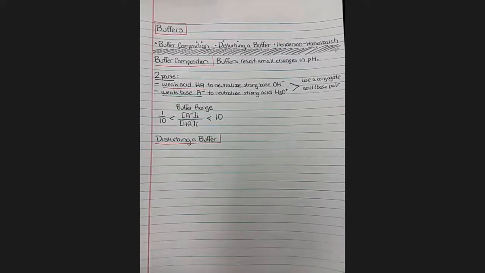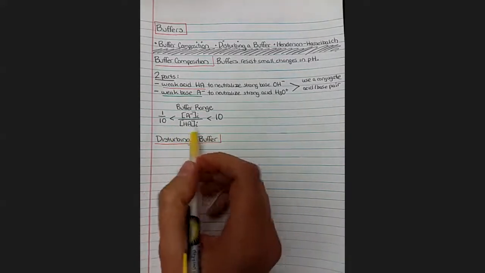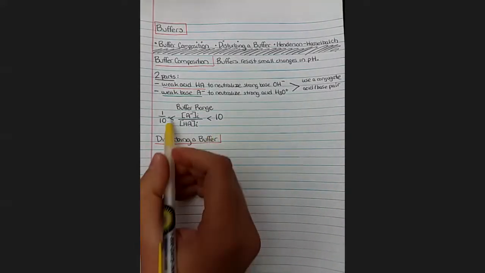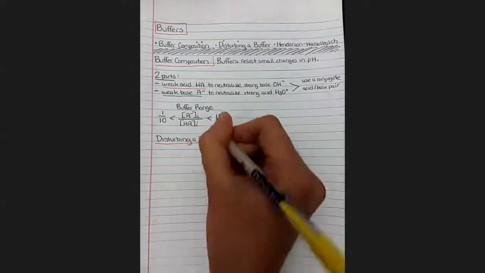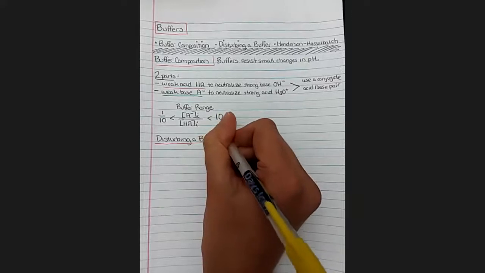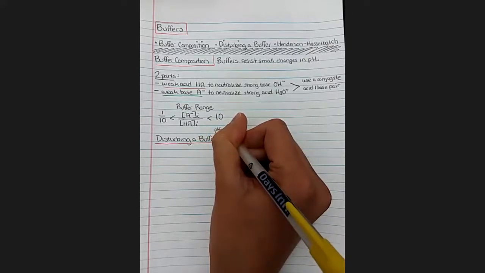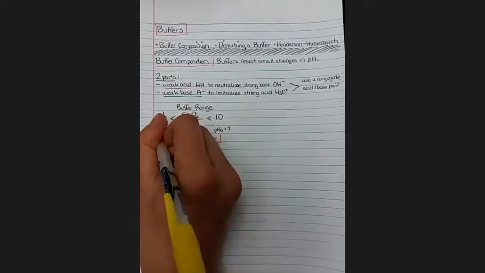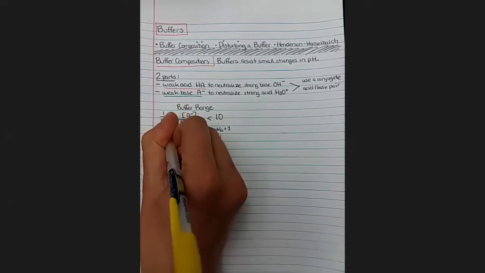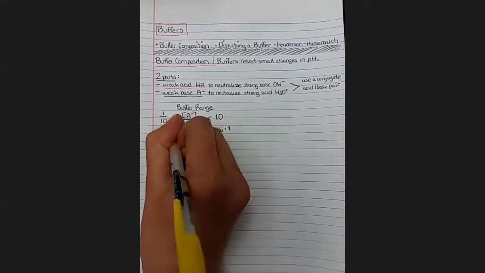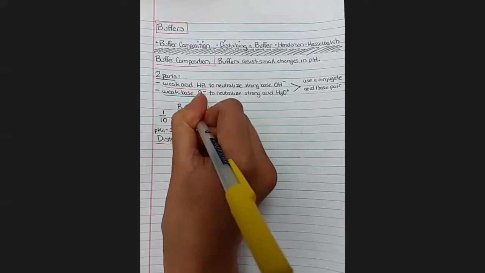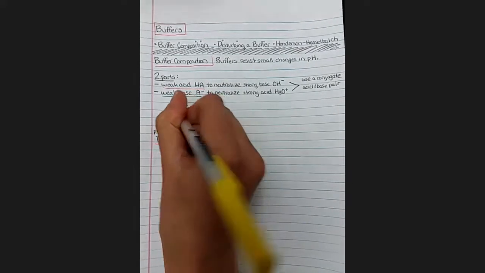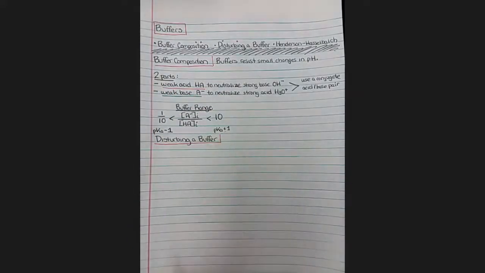If you remember that the pH scale is a logarithmic scale, log base 10, this is one pH unit and another pH unit. So we can buffer from the pKa plus 1 to the pKa minus 1. That is the range of a buffer. It can buffer one pH unit in either direction.